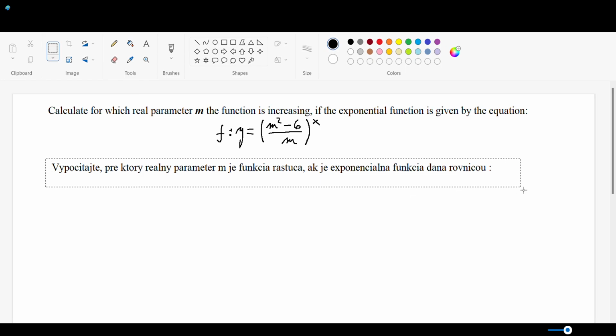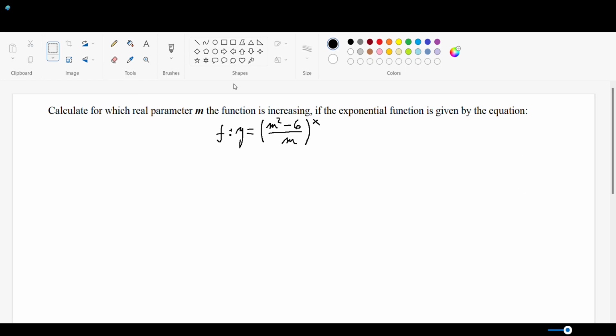Before I start with solving this task, the first thing we have to say is what the parameter m means, and why we are interested in solving such a task.